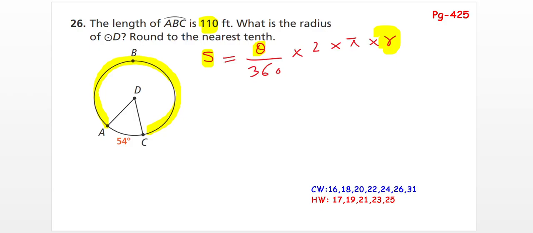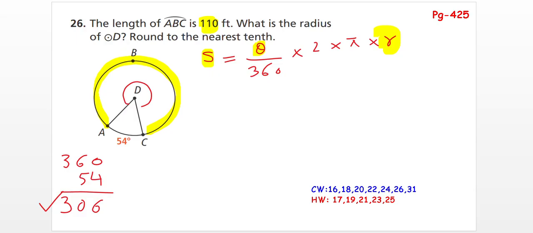So how will you find that central angle? You will subtract this 54 from 360 to know the angle for the arc ABC. Is that clear? So 10 minus 4 will be 6, and here it will be 0, so it's 306. Now I will use this angle 306 to solve this question.